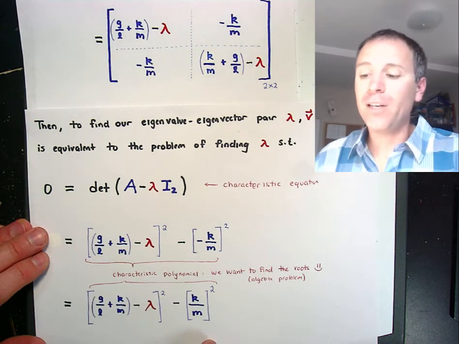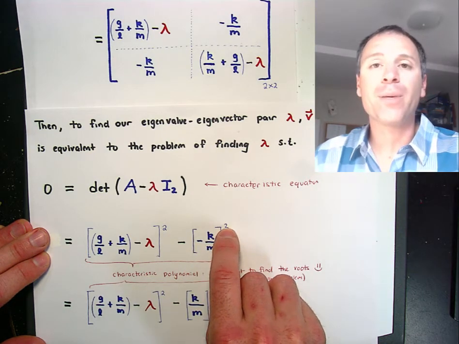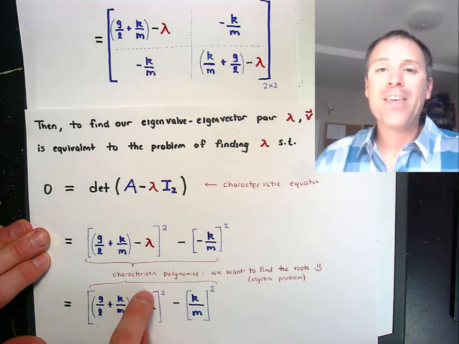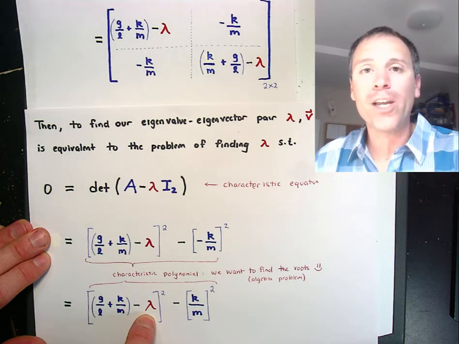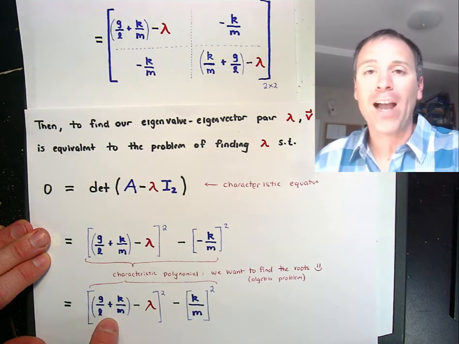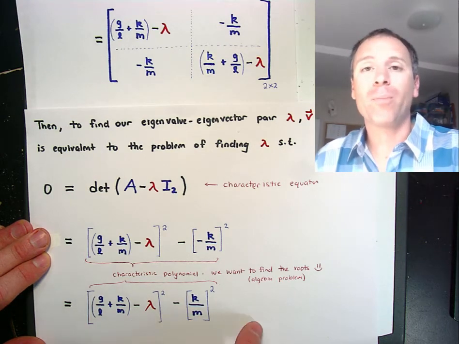2 things to notice immediately. First, the negative inside the square disappears because negative 1 times negative 1 is positive. And second, this is a polynomial in terms of lambda. It's an algebraic equation where, if we were to expand this, it's a quadratic polynomial. So it's going to be like some factor times lambda squared plus some coefficient times lambda plus some constant.